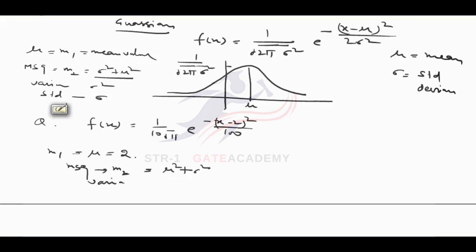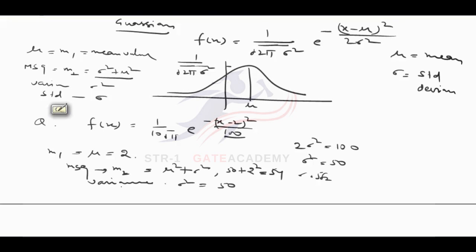Variance sigma square, compare with 100: 2 sigma square is 100, so sigma square is 50, and sigma equals root 50, which is 5 root 2. Variance is 50 and mean square value is 50 plus 2 square, which means 54.